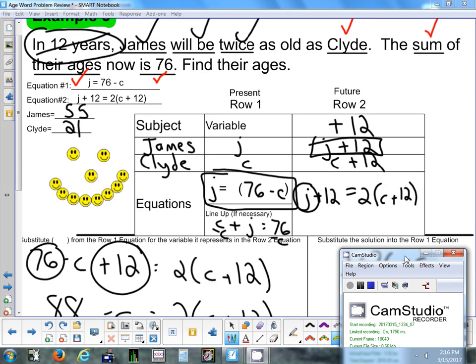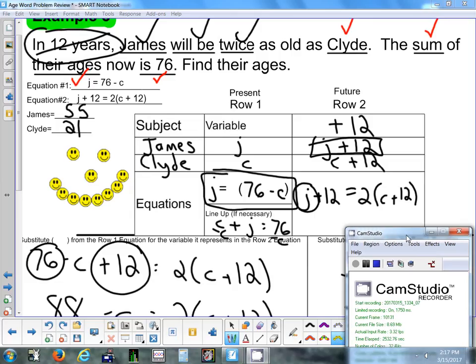Okay, I'm thinking of something else in terms of the setup. Yeah, so I think what you're trying to say is, in row 1, all the ones we've done so far, we set it up, a variable is by itself, and we can just plug it in.